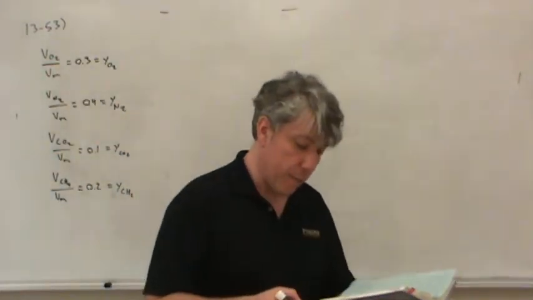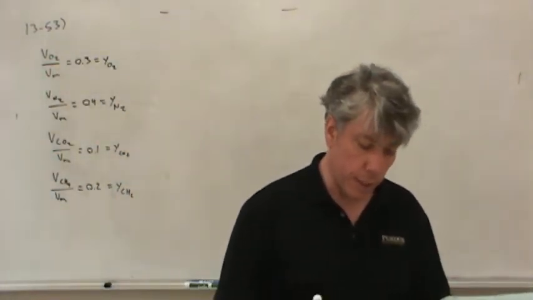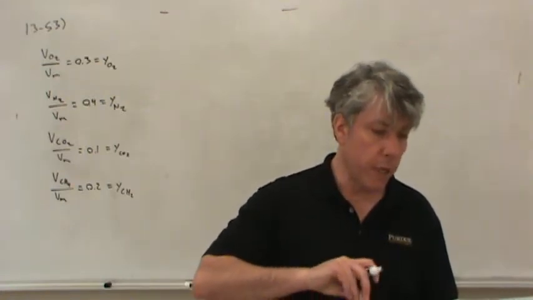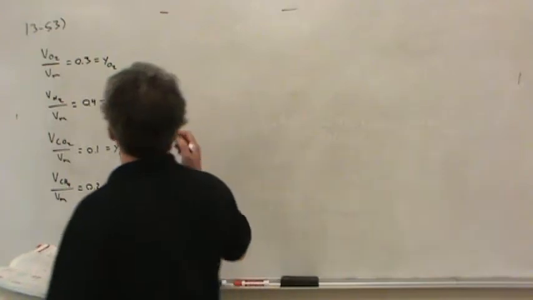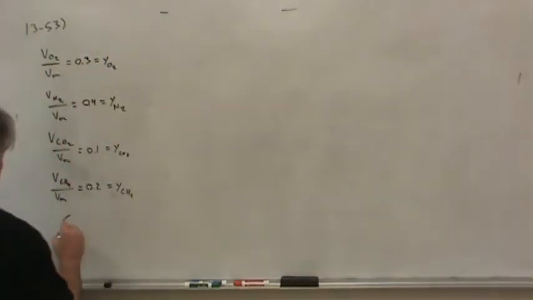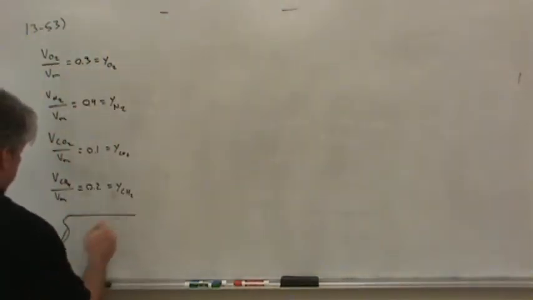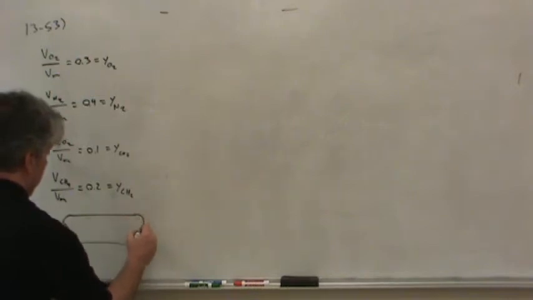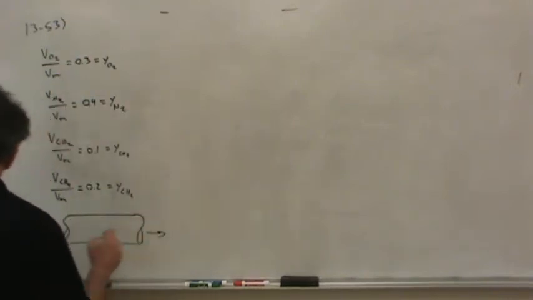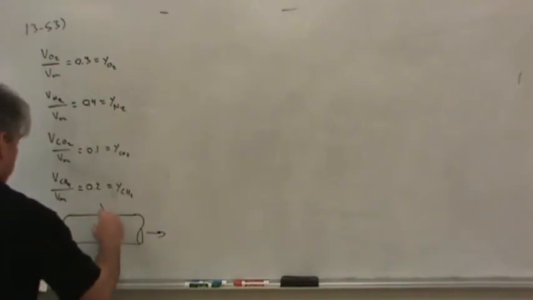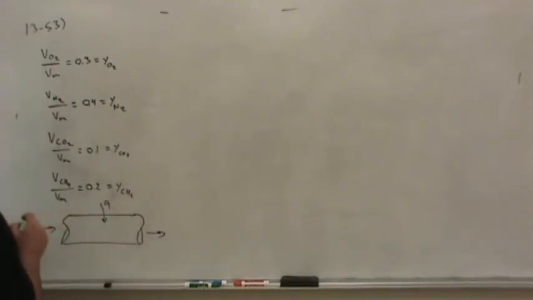This mixture is heated from 20 to 200 degrees Celsius while flowing through a tube in which the pressure is maintained at 150 kilopascals. So they've got a figure for us. I guess I'll put it down here. A piece of pipe, something like that, with flow coming in one side and leaving out the other, heat transfer coming in this way.